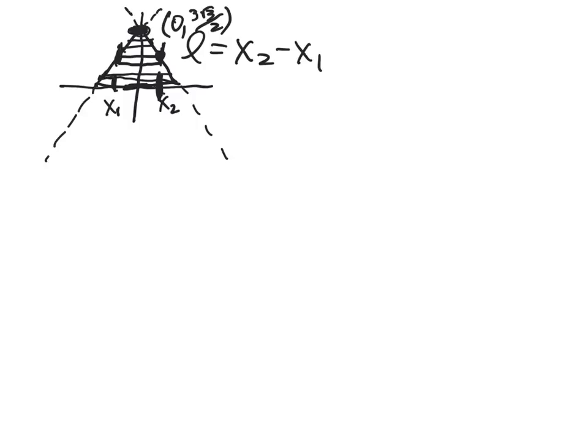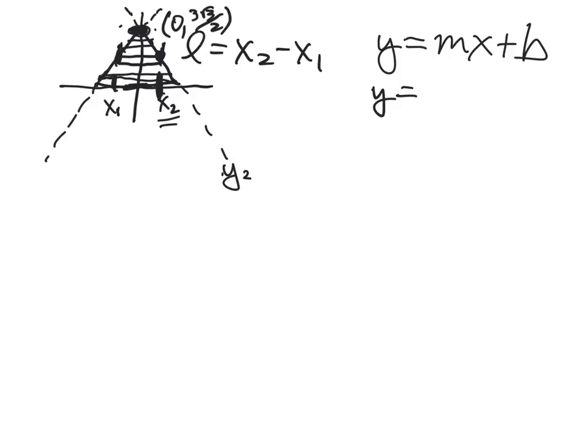So 3 square root of 3 over 2 is the y value. Let's see, both of these, that will be our y-intercept. So both equations we can set up this way. So we'll have y equals, well, we'll call this y2 since we're calling that x2.